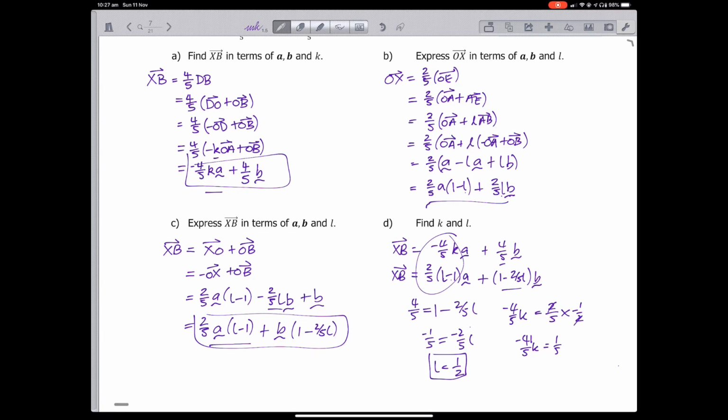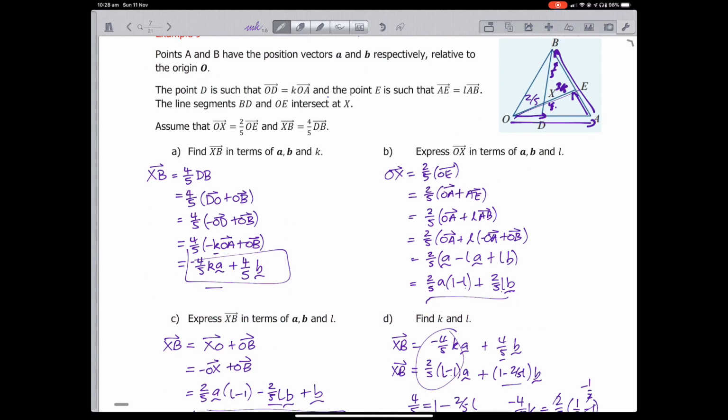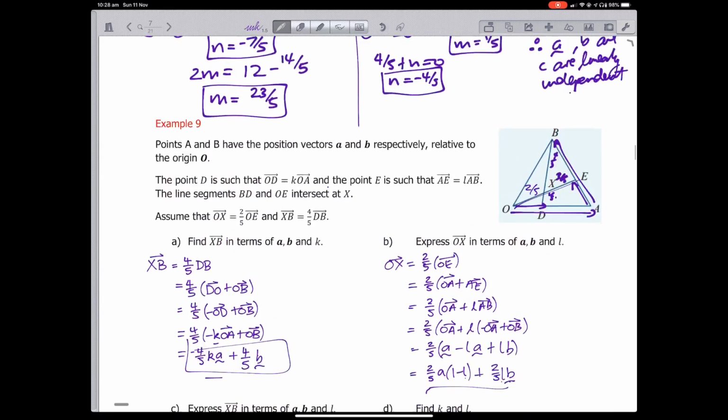No. My algebra's not too good this morning. Okay. Negative 4/5 K is equal to 2/5 L minus 1, because now it's a half. So negative 4/5 K is equal to a half minus 1, that's negative a half, so that's negative a fifth. So K equals 1/4. Okay, and we could do that because we knew what was linearly dependent within that diagram.